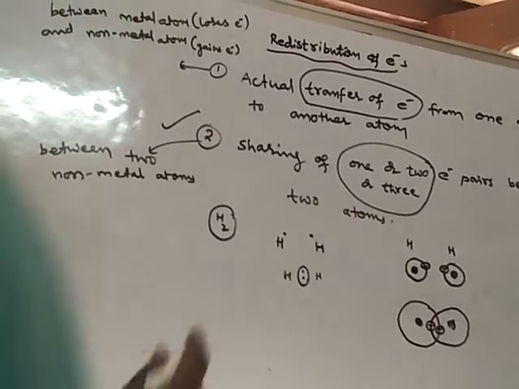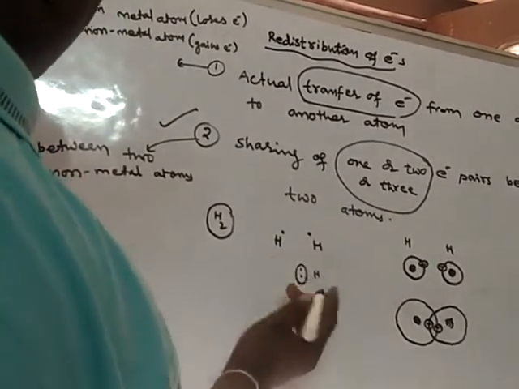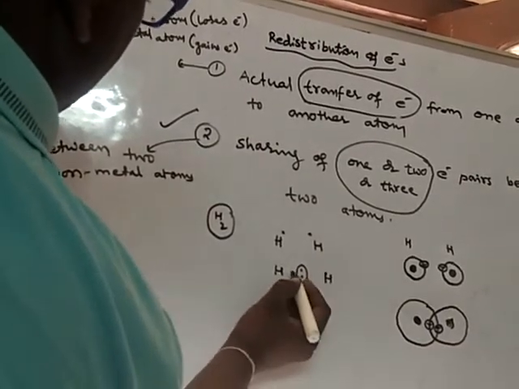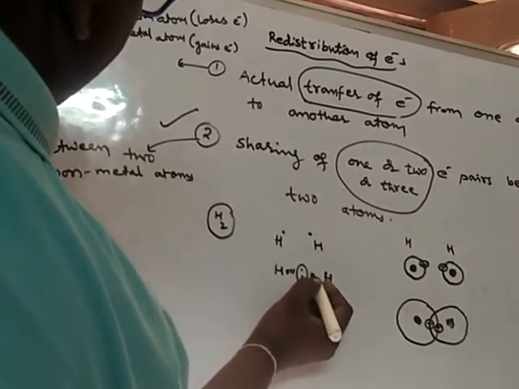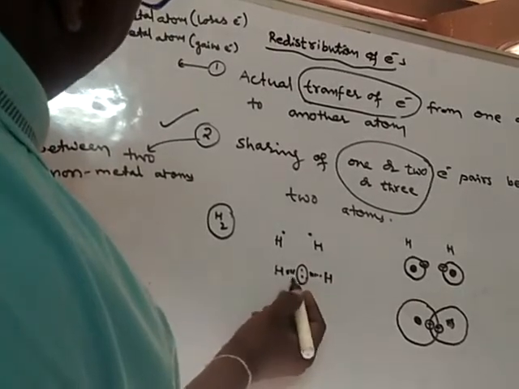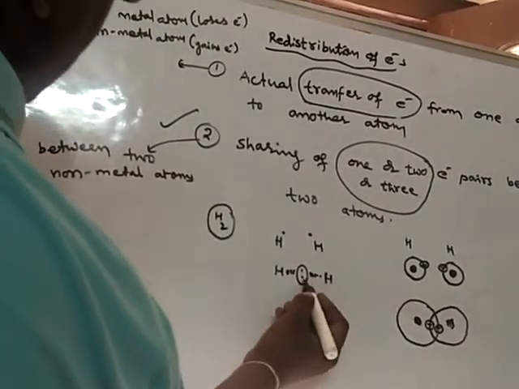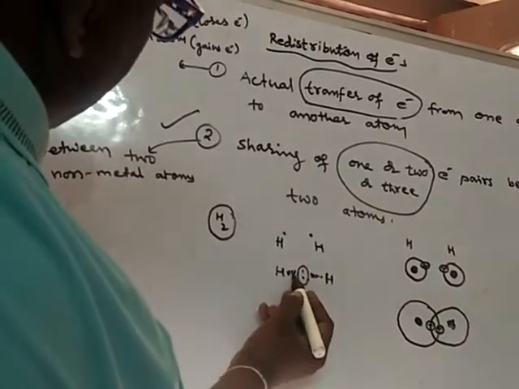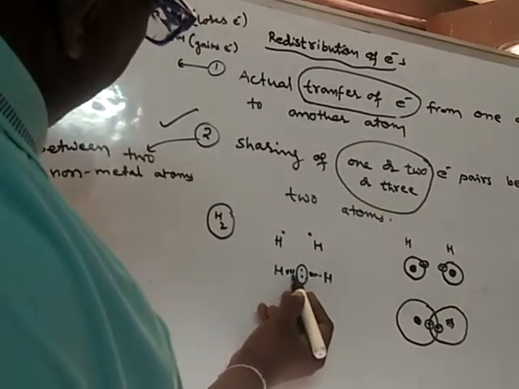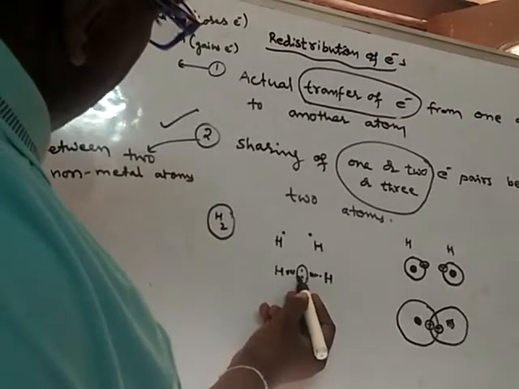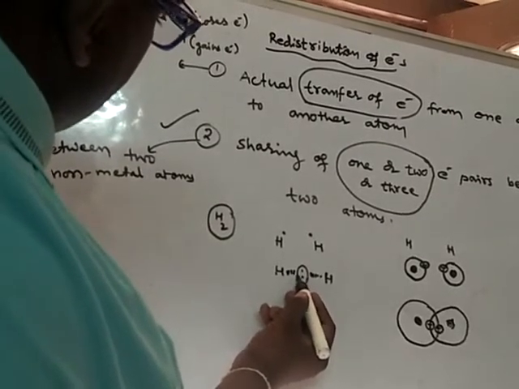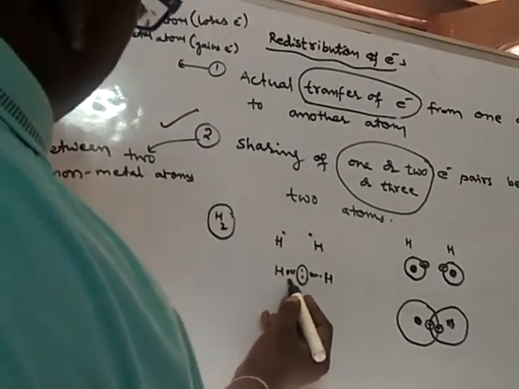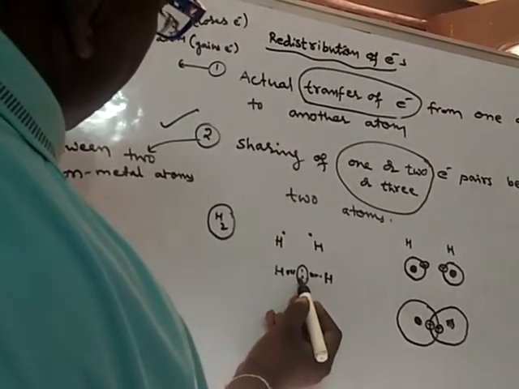What happens as a result of this? Some force of attraction is developed between this electron pair and this hydrogen atom, and even between this electron pair and this hydrogen atom.